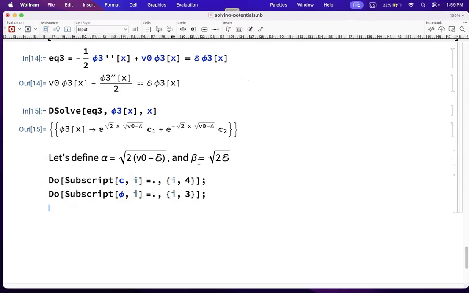Okay? And finally, I'm going to define phi sub 1 of x. I'm going to define just the wave function right now. It is equal to C sub 1 times the exponent of alpha x.